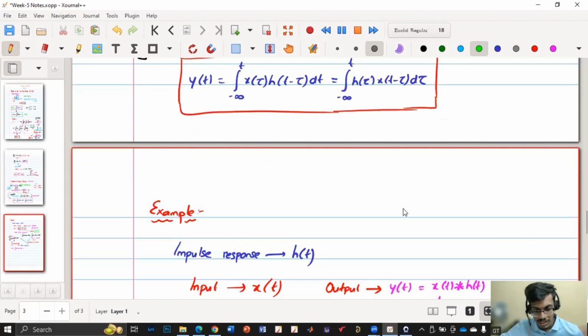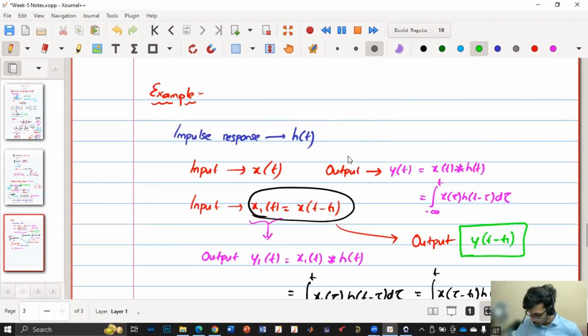So using this convolution theorem, we can say that for x of t input, y of t is the output, and for x of t minus t1, y of t minus t1 is the output. That's why this is a linear time invariant system. If it were not linear time invariant, then for x of t minus t1 the output would not be y of t minus t1.